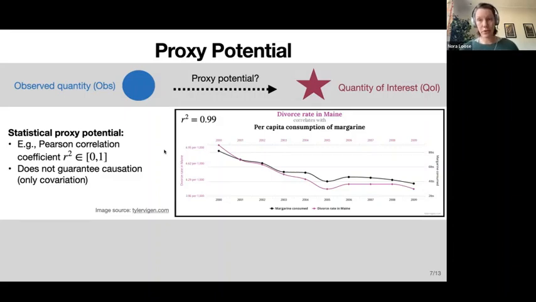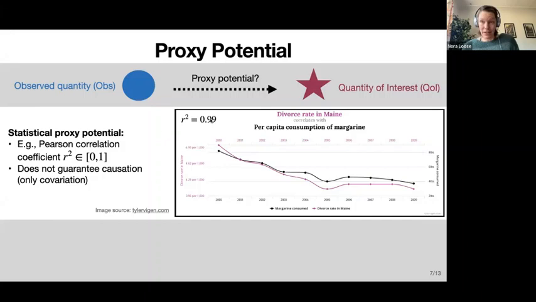Statistical tools are often super useful, but the problem is that they do not guarantee causation, only covariation. There are many examples of spurious correlations, and one is shown here on the right, namely that the divorce rate in the US state Maine correlates with the per capita consumption of margarine. The correlation, the R squared, is 0.99.